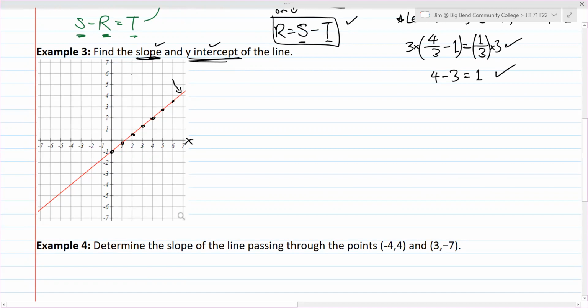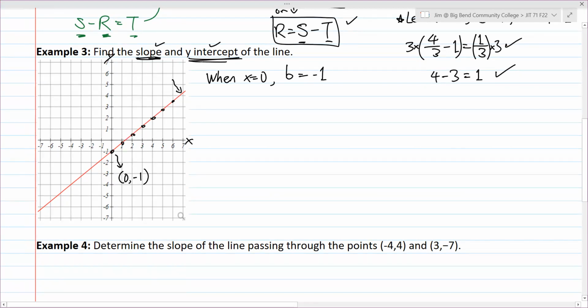So first of all, this is the x-axis and this is the y-axis. And then we can actually tell the y-intercept right away, which is that one. The data point has coordinates (0, -1). So when x equals 0, then we can tell that the y-intercept, b, equals -1.